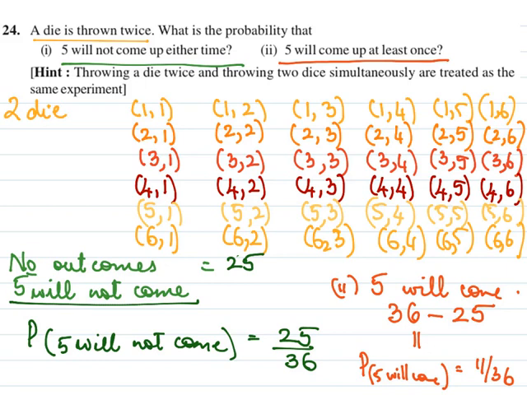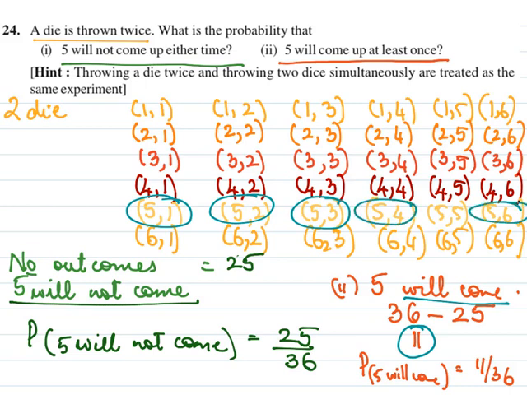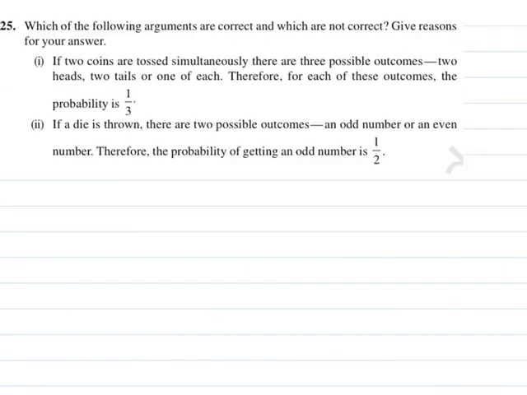So the one that will come will be 36 minus 25. So 11 is when 5 will come. 11 times, and you can find out here. Here 1, 2, 3, 4, 5, 6, 7, 8, 9, 10, 11. 11 times 5 will come. So the probability will be 11 out of 36.